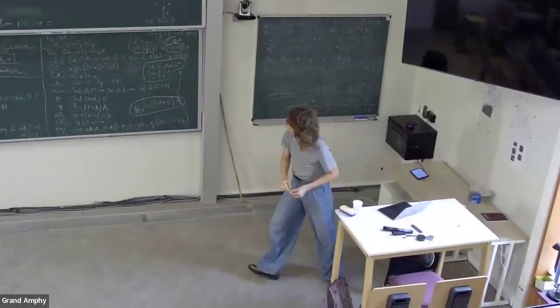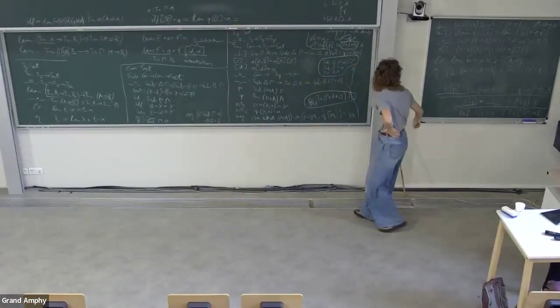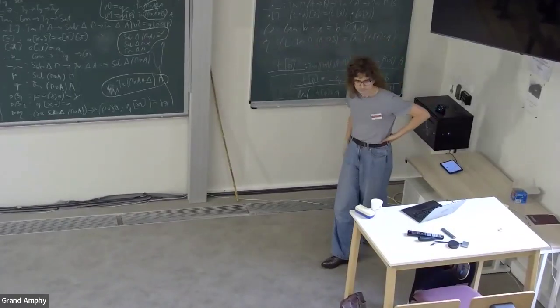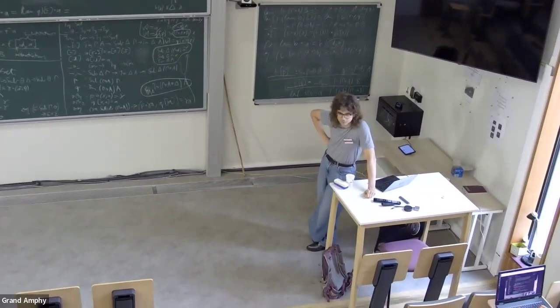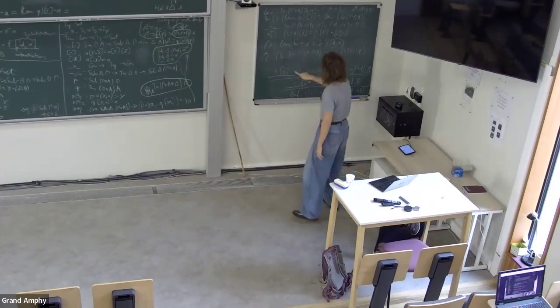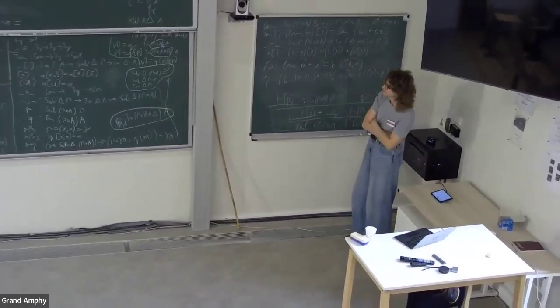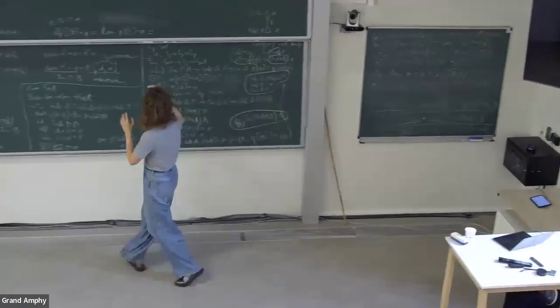Okay, so now I can use the beta rule, right? No, I can't, because the term that I have doesn't have this shape. What should I do? Let's write some more brackets to be clear what's happening.